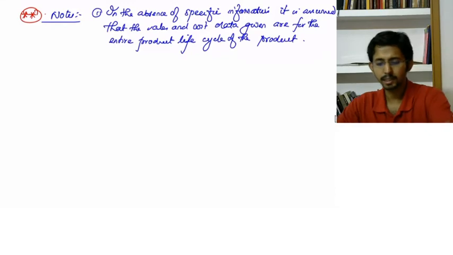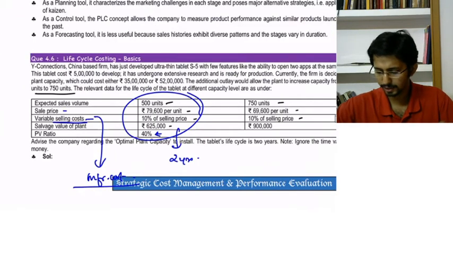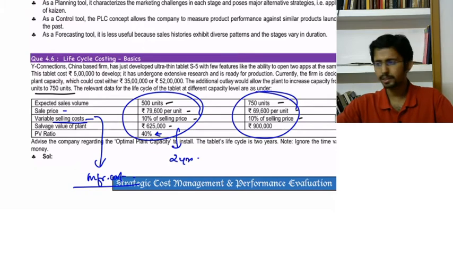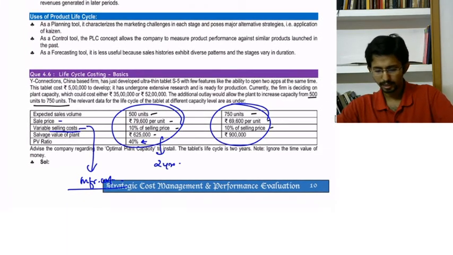That means the question does not specify whether these details given are for 1 year or 2 years. So in the absence of information, we are assuming that these are for 2 years. We can take alternative assumptions also. Okay, that is one thing.